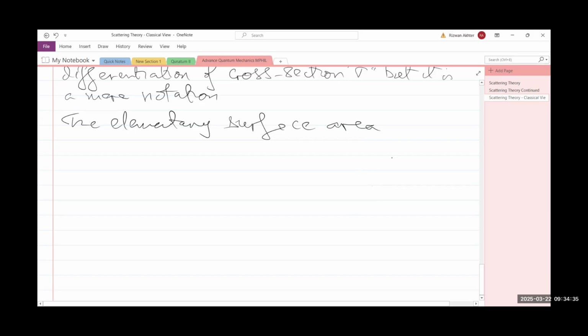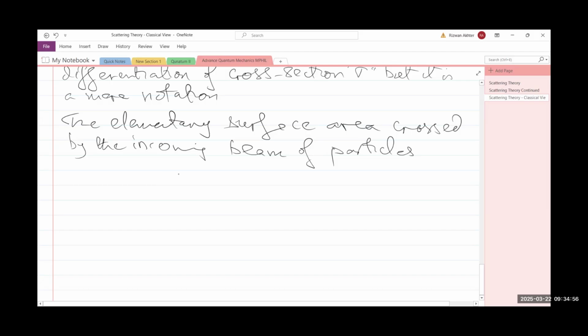Elementary surface area crossed by the incoming beam of particles. वो क्या हो जाएगा?